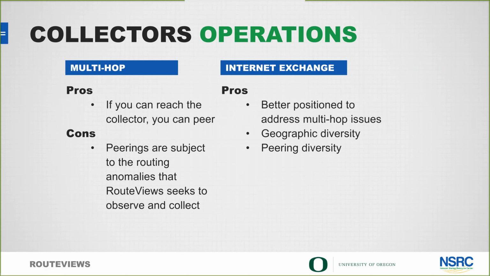Versus the exchange model, where as long as we're on the peering fabric and we're able to reach you, the likelihood of us losing that data drops significantly. So those are what we try to push people towards when we're looking at standing up new peers for route views. And we also get a little bit of diversity out of that internet exchange model.